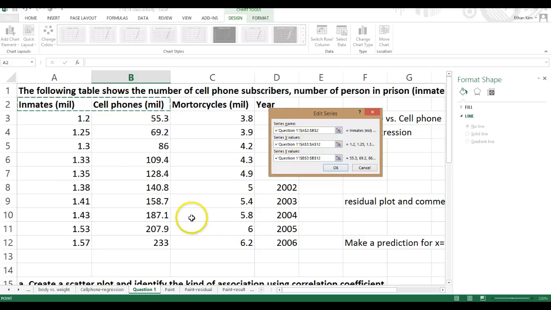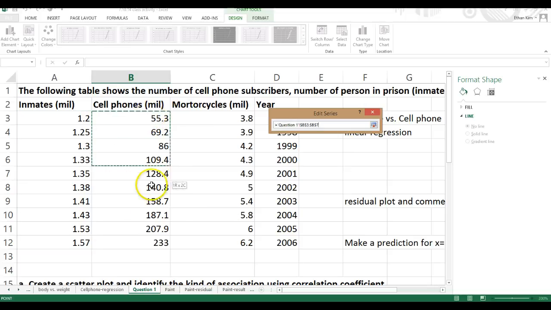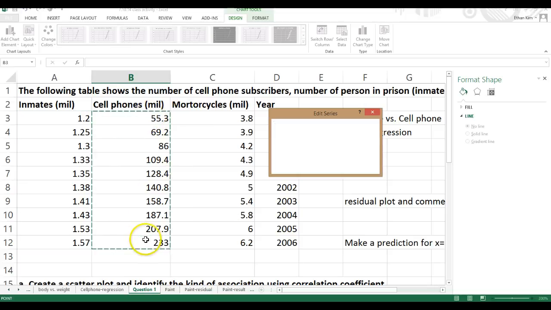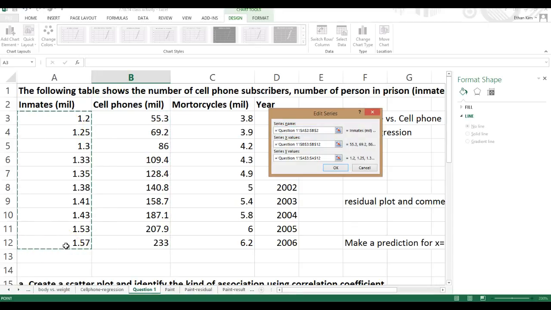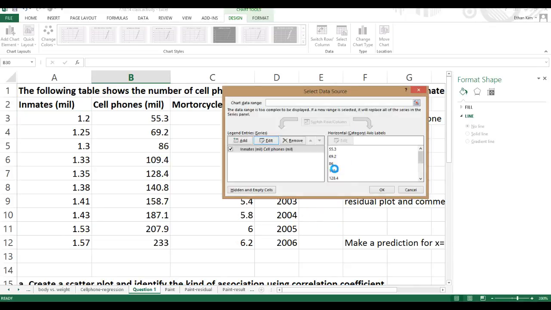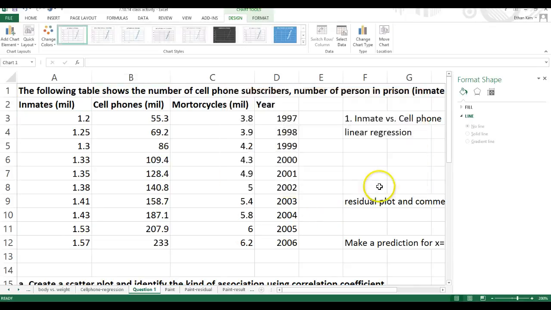Right, on the X-axis, we're gonna have the cell phone, right? So we're gonna choose cell phone instead and enter, and for Y value, instead of having cell phones there, we're gonna have number of inmates. Okay, so that's how you switch X and Y. And then press OK and OK.